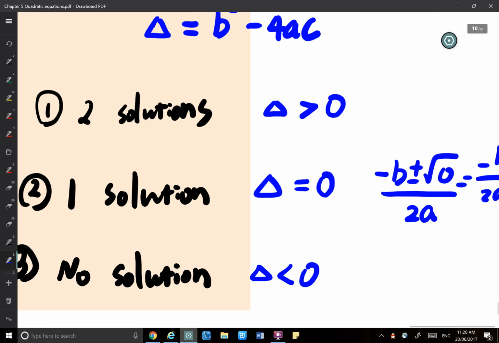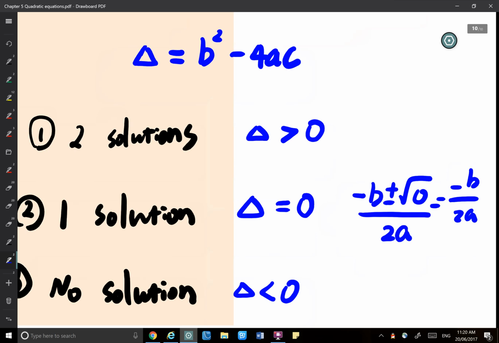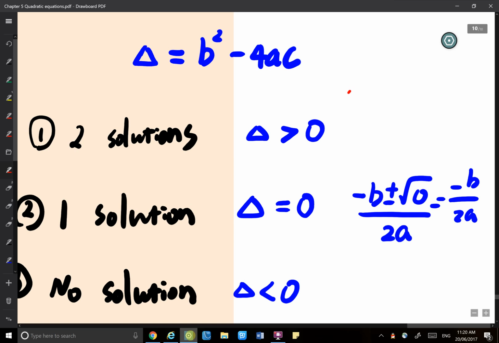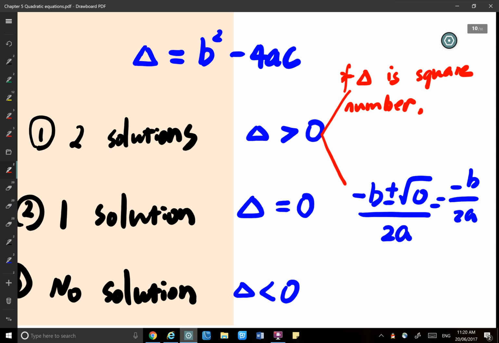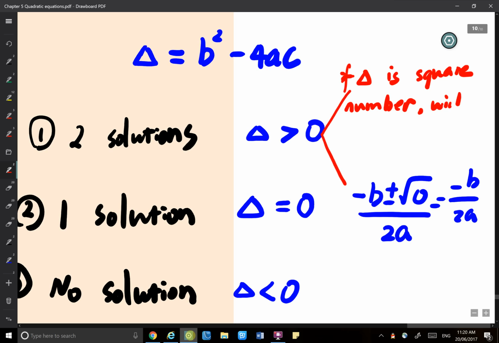So in the 2 solution place, you will say, okay, if the discriminant is square number, well, square number is 1, 4, 16, 9, 25, 64, those numbers. Or even 4 on 9, 16 on 9, like those numbers, will have rational solution.